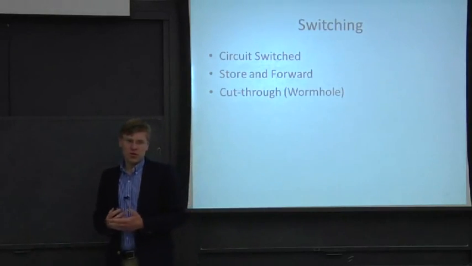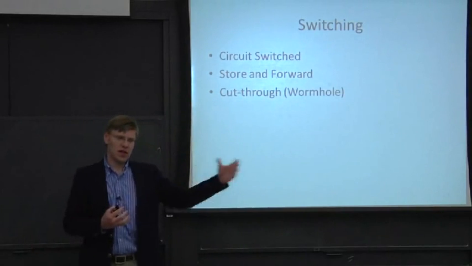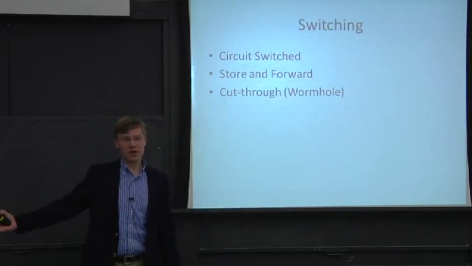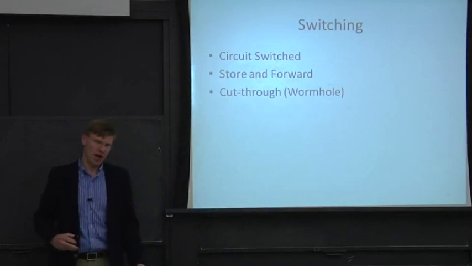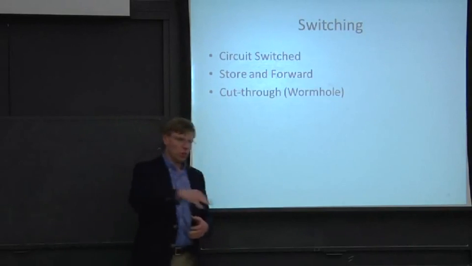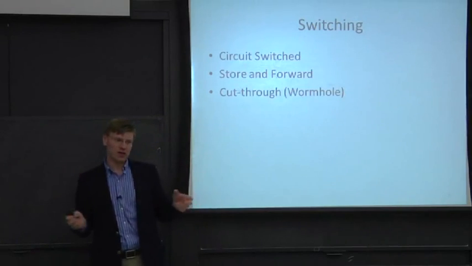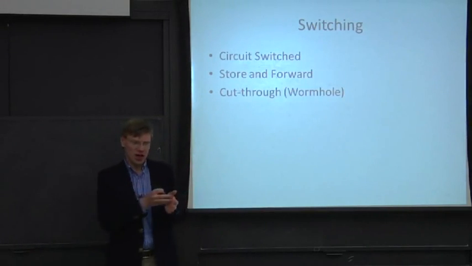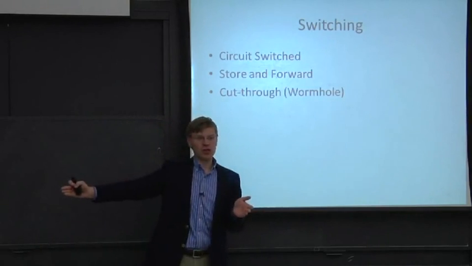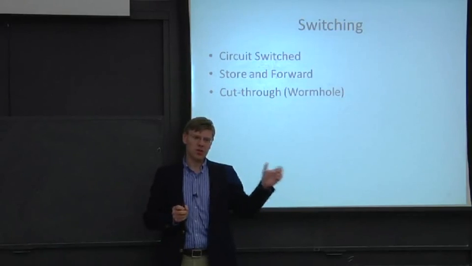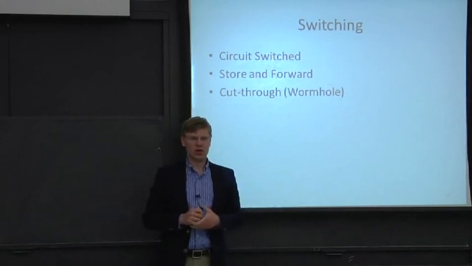With cut-through routing, you're actually going to send the head onto the next router before you've received the tail of the packet. So you can actually worm through the network. One packet could potentially go across multiple routers, and one router will not have completed the packet until the next one has started.